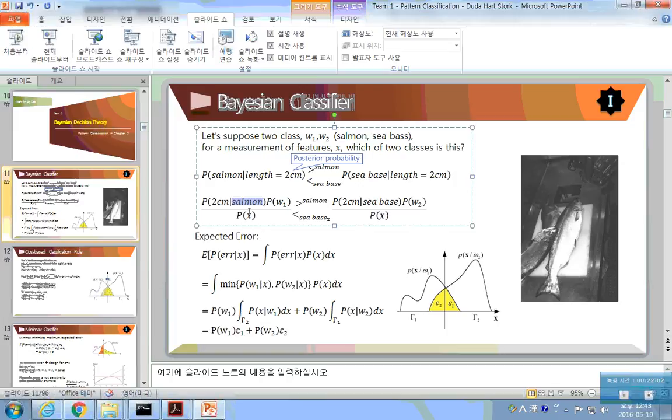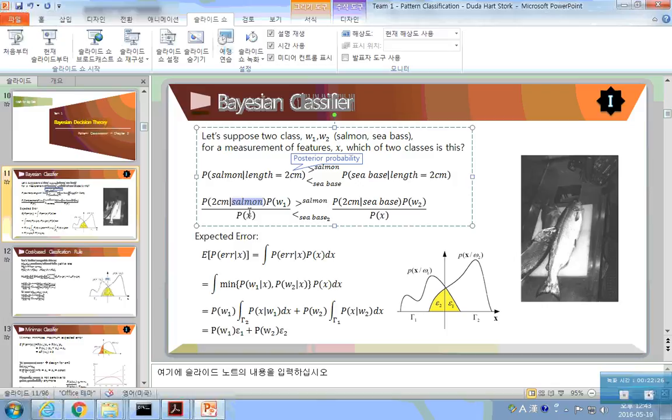I need to know this one before this setup, before the fish come in front of my camera and I measure. So before I start this production line, maybe 1 week earlier or 2 weeks earlier in my lab, I have a salmon. I know this is exactly a salmon and I have a sea bass. So I put the salmon in front of the camera, knowing that it's a salmon, and then measure the length many times.